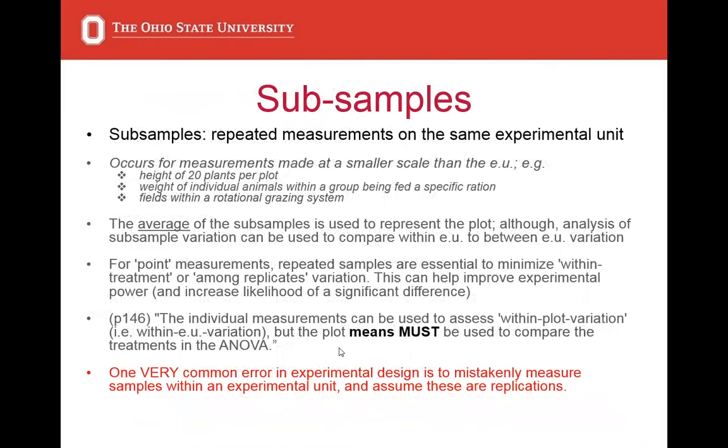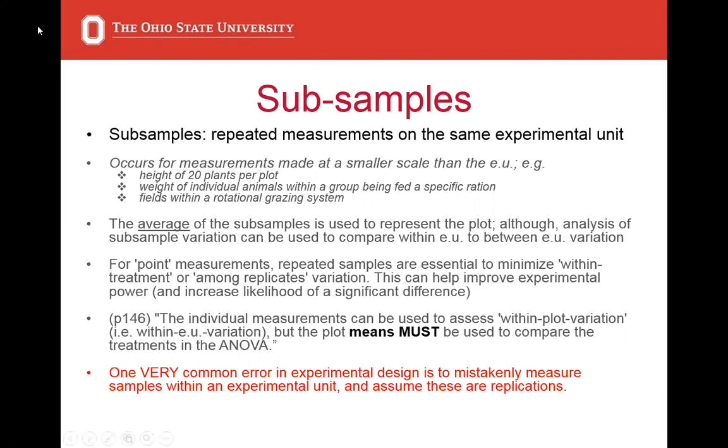Subsamples. Subsamples are repeated measurements on the same experimental unit. This occurs when the measurements are made at a smaller scale than the experimental unit itself. For example, we may measure the height of 20 plants within a plot.